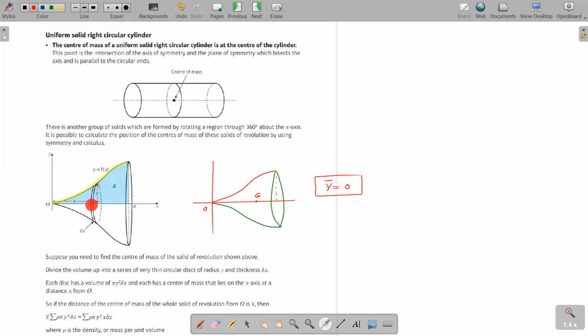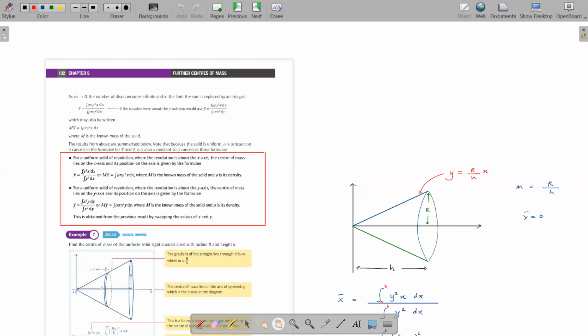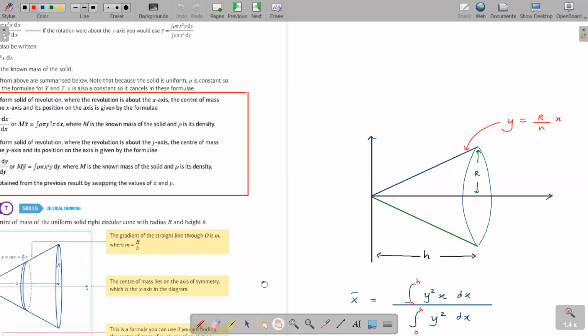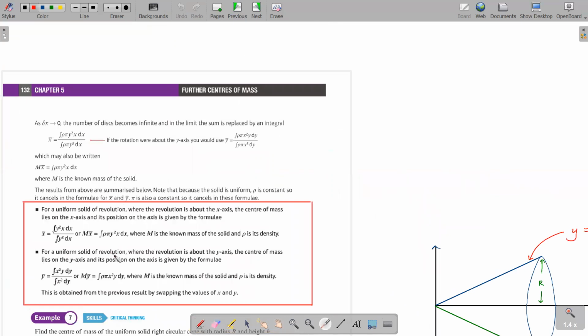So basically you have a small disc, a small cylinder, right? The width is delta x. Fortunately for you, the proof of that is not required. You are directly given the formula, and you're allowed to use it. So we'll go directly into that. They say here, for a uniform solid of revolution, where the revolution is about the x-axis.